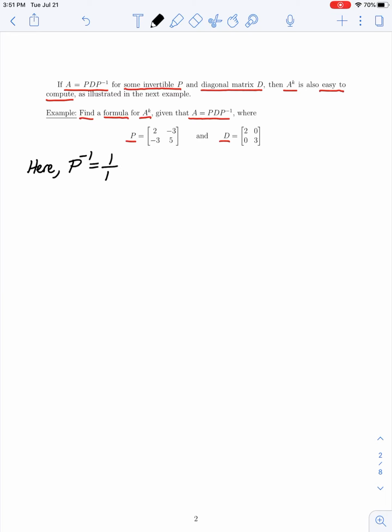So we have 1 over 1, or simply 1 out in front, times the 2x2 matrix that we get by interchanging our diagonal entries and changing the sign of the off-diagonal entries. So P inverse is the matrix 5, 3, 3, 2.